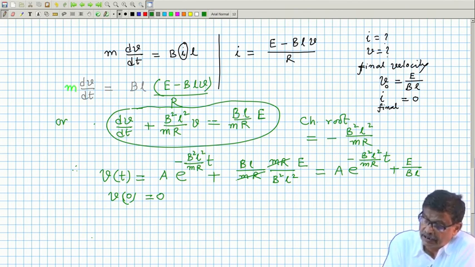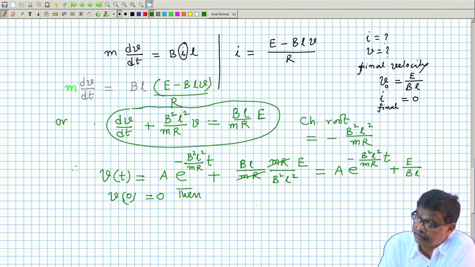If you apply this boundary condition, you will get A is equal to minus E by B L. Put this condition here.